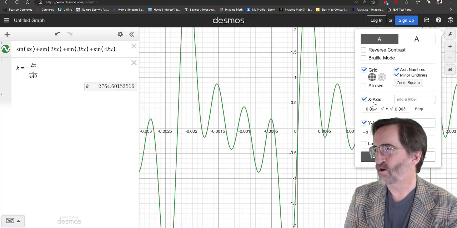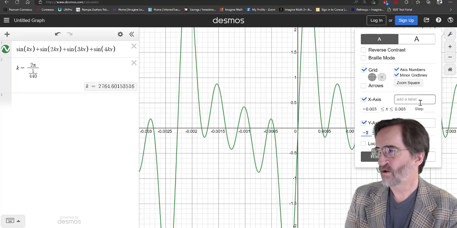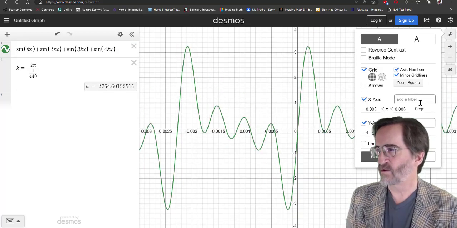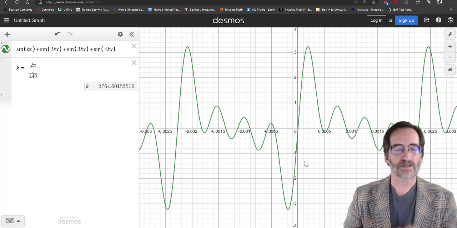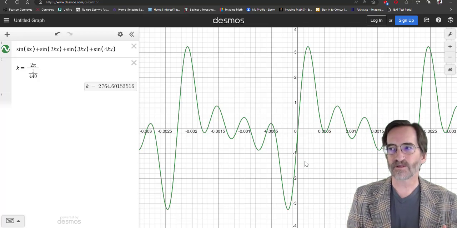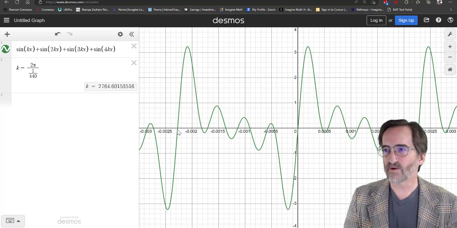Let's change the y scale here. There we go. You can add a whole bunch of these and keep going, and you can see the signal changes, but the base frequency stays the same.